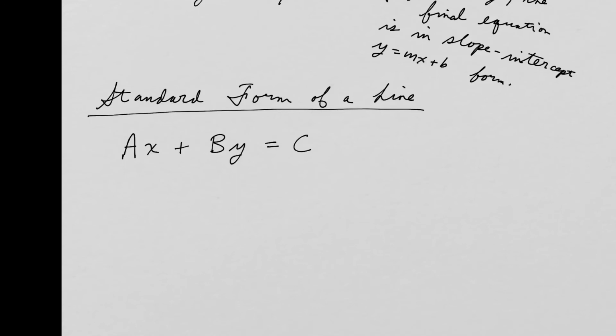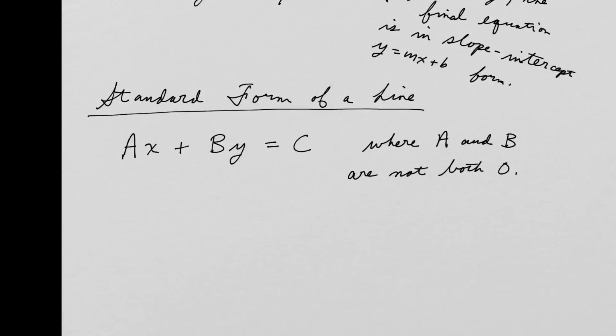It's also important, let me write it here, where a and b are not both 0. One of them could be 0, but not both of them. Then it wouldn't make sense. It wouldn't be an equation of a line anymore. So a and b are not both 0, but one of them could be 0, and we'll see that in a little bit, actually.